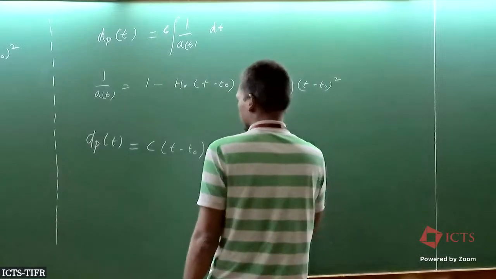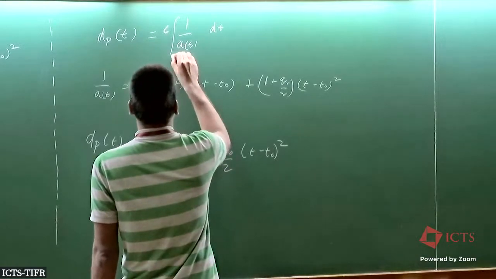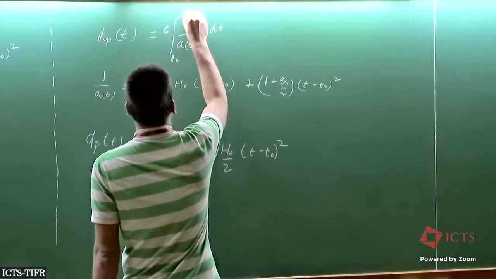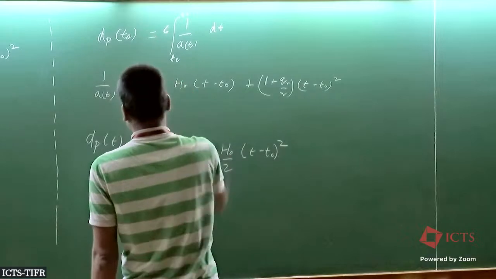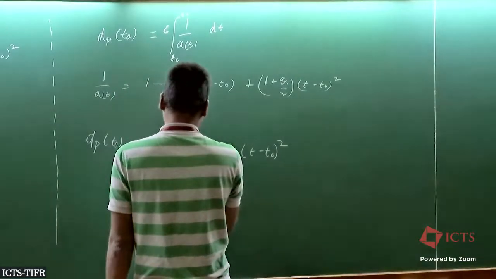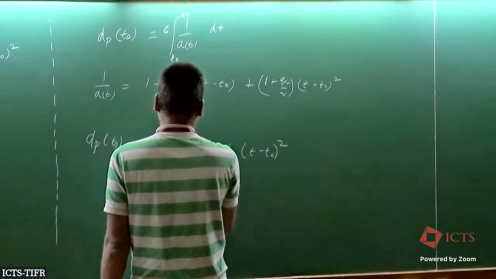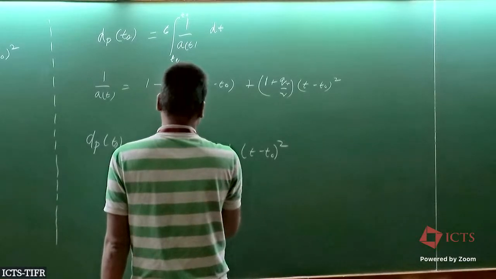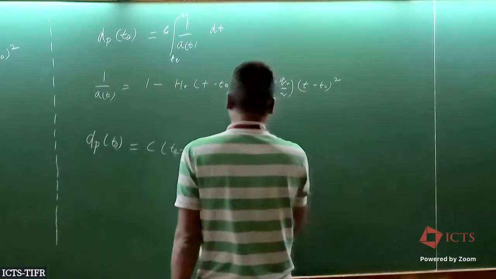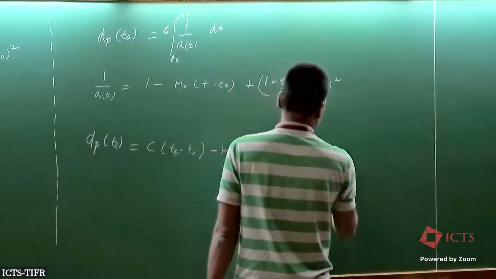Let's say this integral is from t to t_0, dt, and it will be t minus t_0, and then you'll have the rest of the terms.